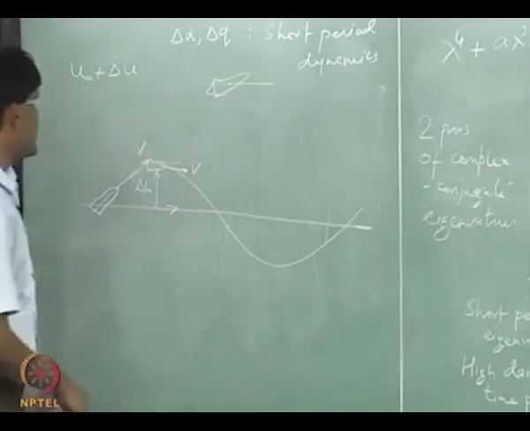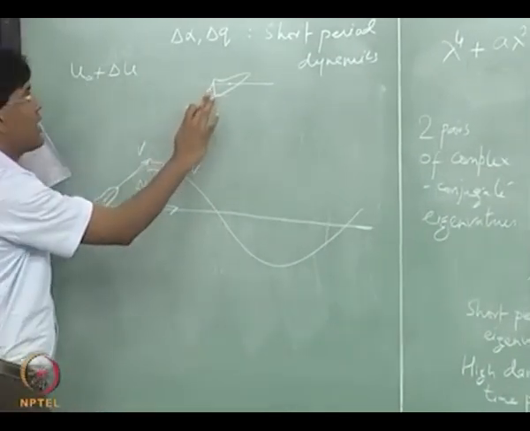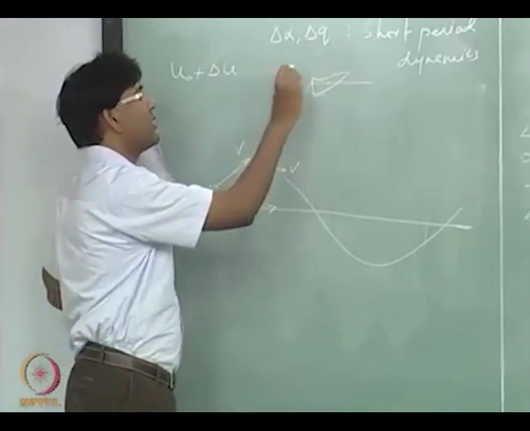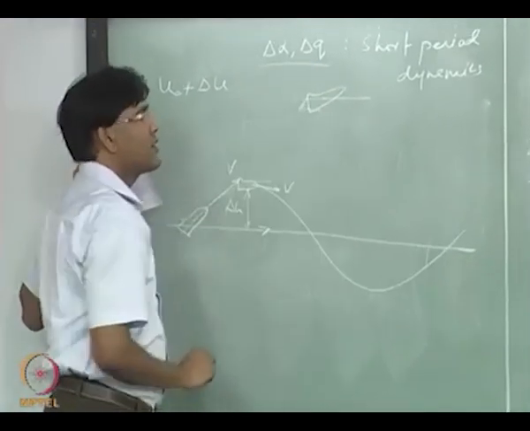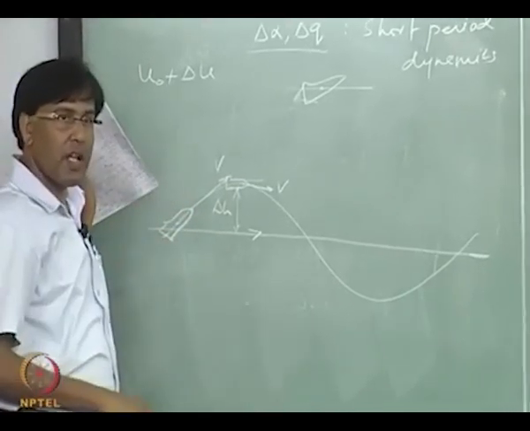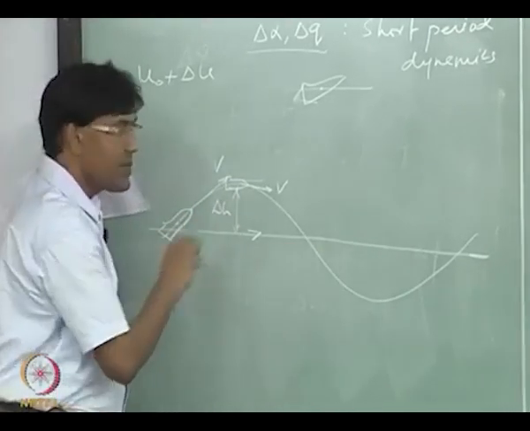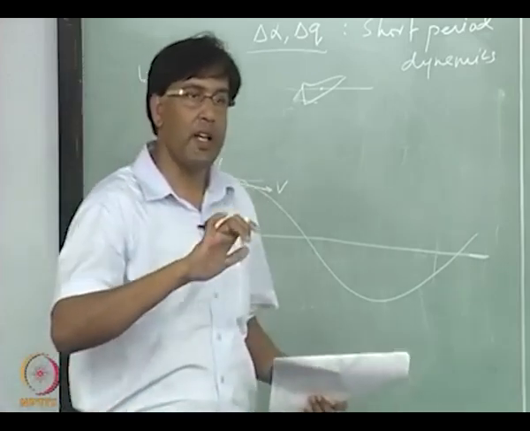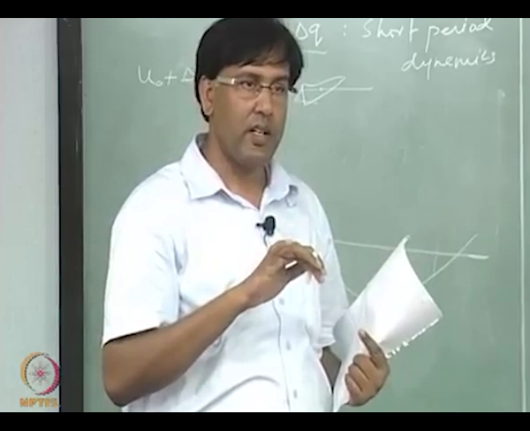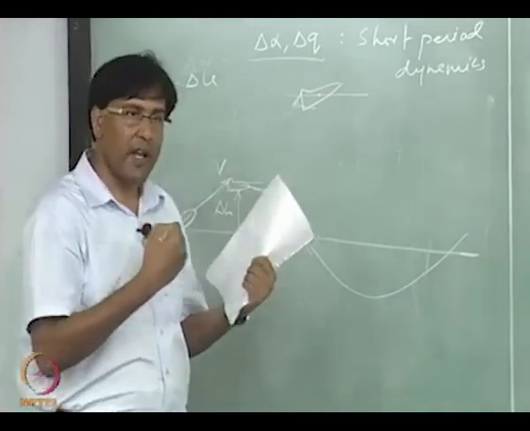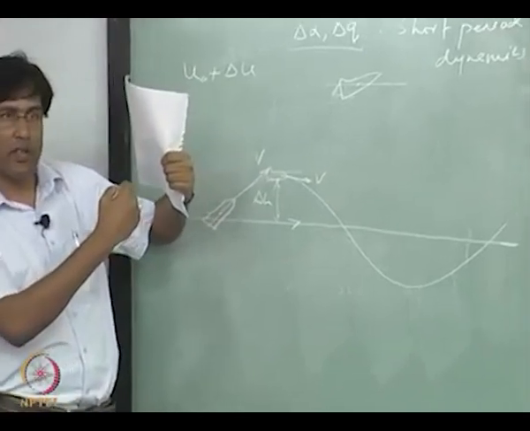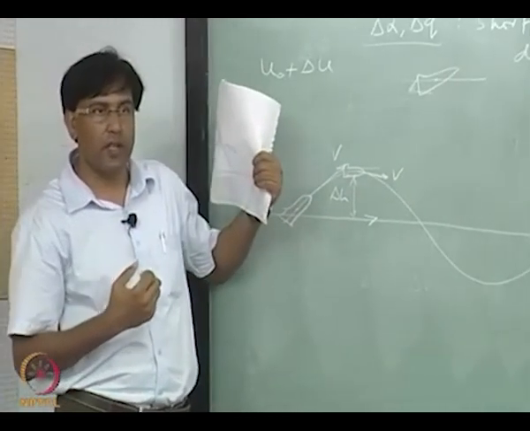So what we will do is, we will now make an assumption that the short period dynamics can be represented by a pure pitching motion, and the phugoid motion can be represented by change in flight path angle and the forward speed. We can make these assumptions, assuming that these two dynamics are well separated.